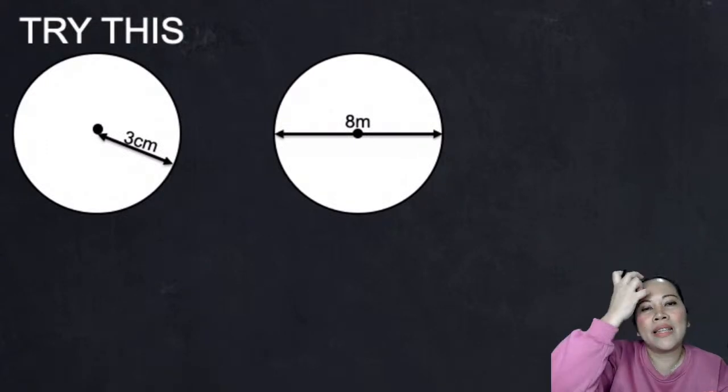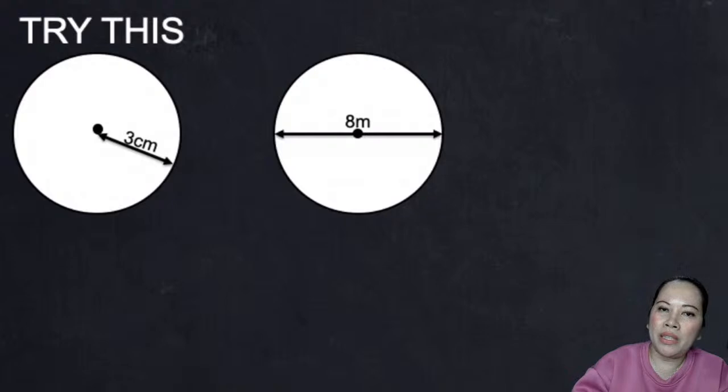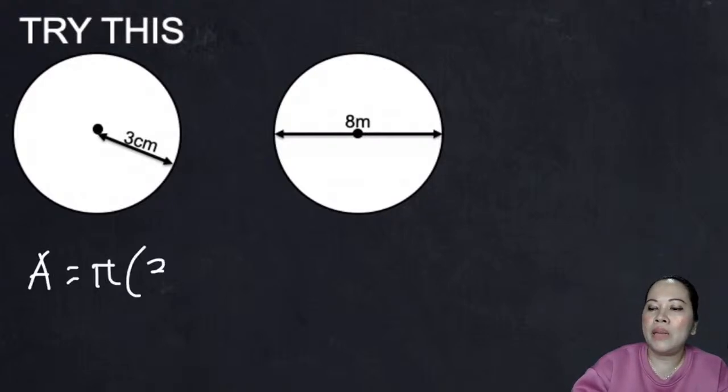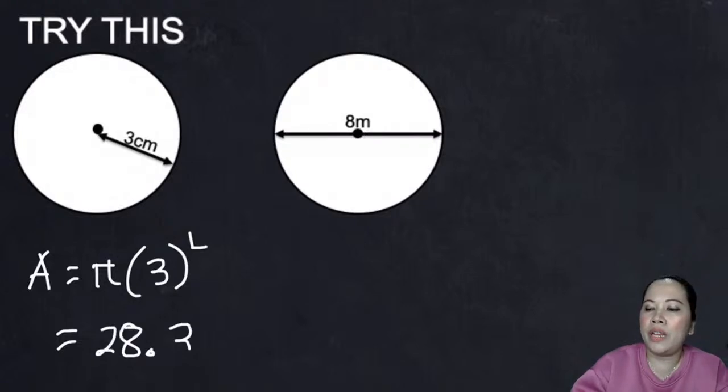Moving on, let's have a few more examples on area. If you have 3 centimeters, then your area would be pi times 3 squared. 3 squared is 9, times 3.142, so you will have 28.3 centimeters square.